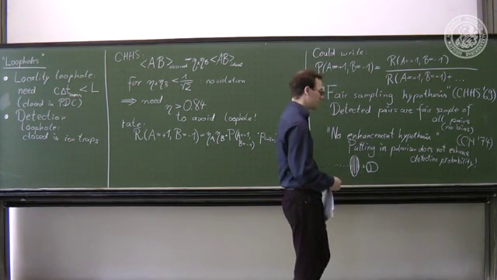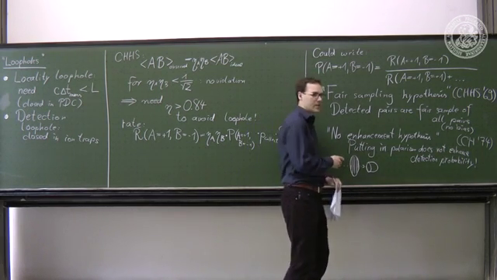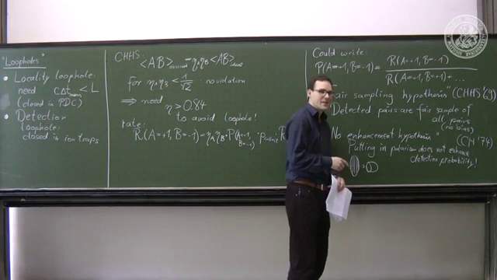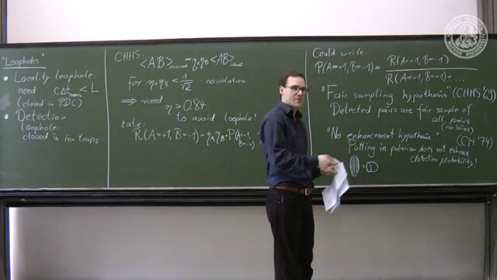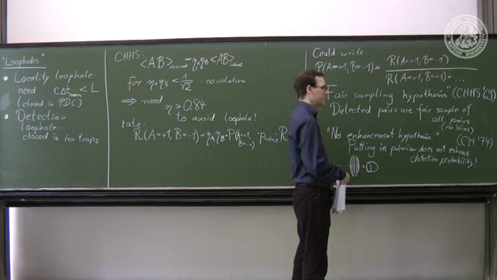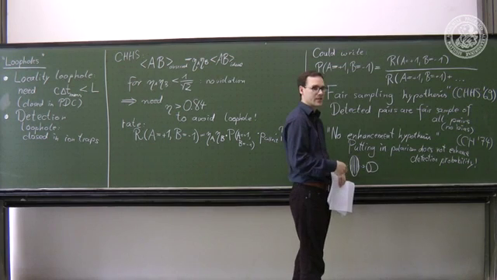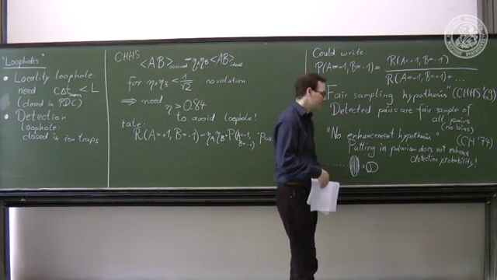And in the tutorial you actually went through an example where this no enhancement hypothesis would be violated, and then you suddenly find that if the detection efficiency is low enough, you can actually produce a situation where it seems like a Bell's inequality would be violated, but in actual fact you have a local hidden variable theory.